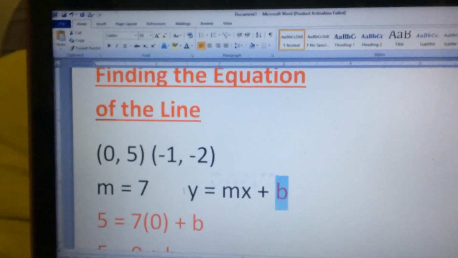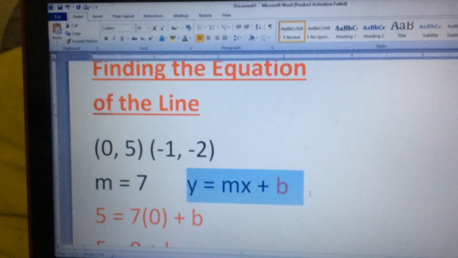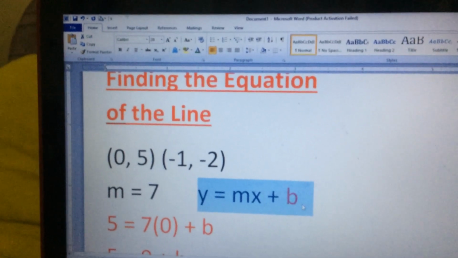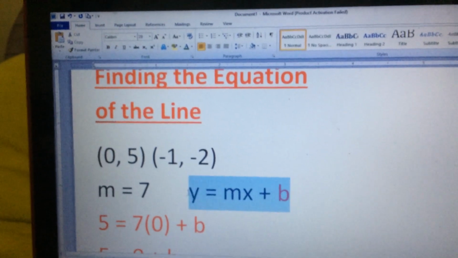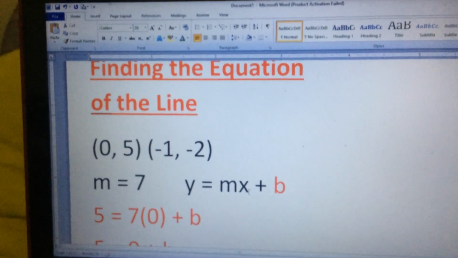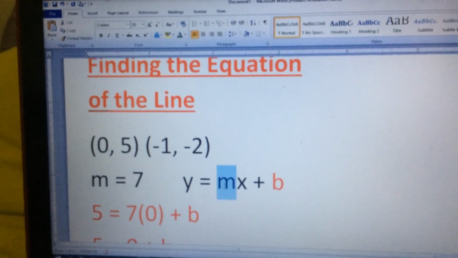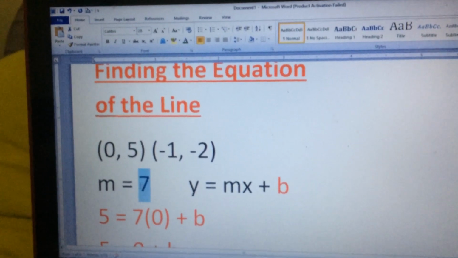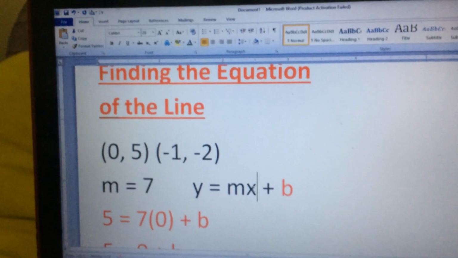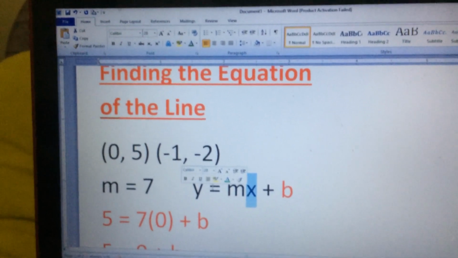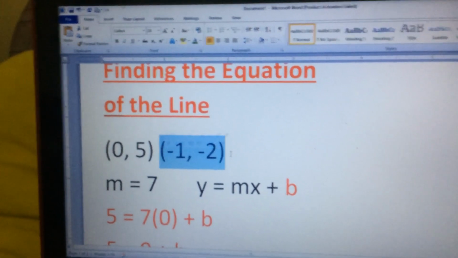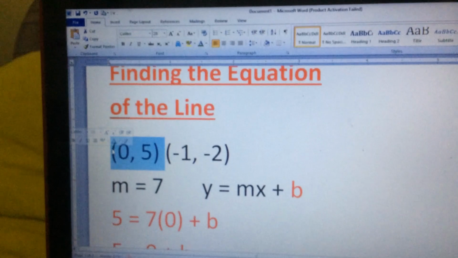We use this standard linear equation in order to solve for the b. To solve for b, we need to replace m here with the obtained value, which is, in this case, 7, and the x and y, you can use any of the points from these two ordered pairs.